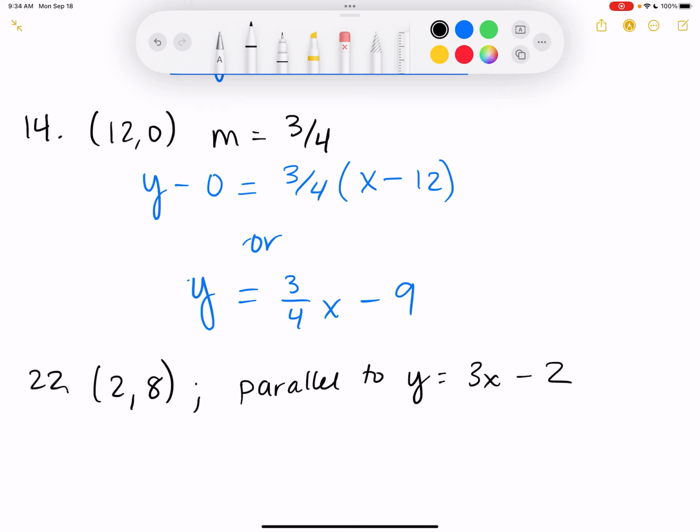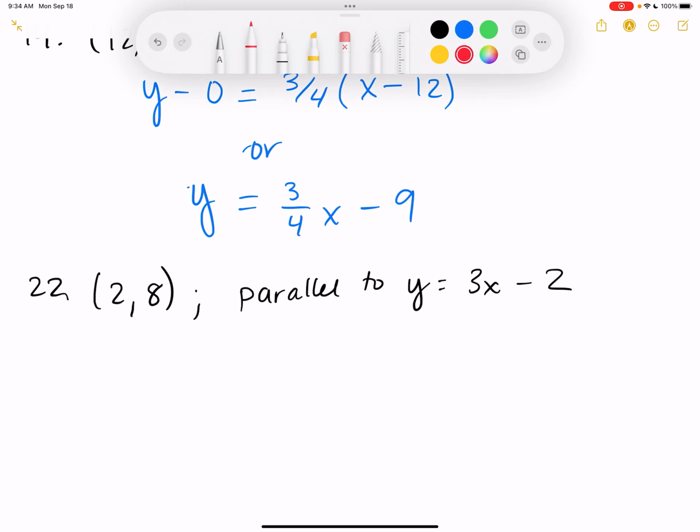So what do we know about parallel lines? Same slope. So my slope of my new line is going to be what? 3. So then I plug it into point slope form. I get y minus 8 is equal to 3 times x minus 2.